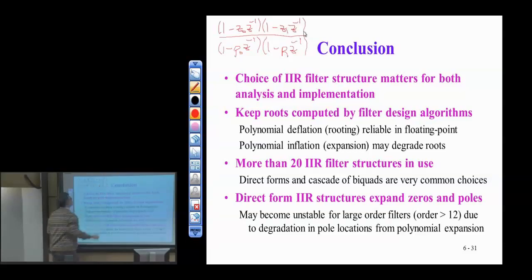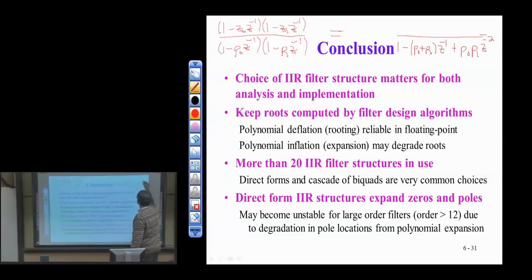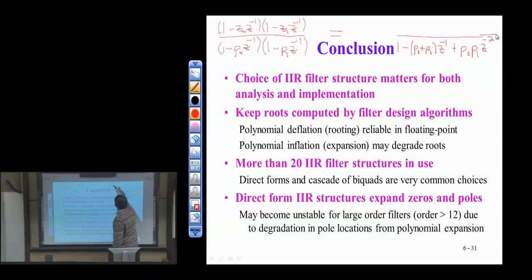All right, so 2 poles, P naught, P1, 2 zeros, Z naught, Z1. And if I expand this out, then I get 1 minus (P naught plus P1) Z to the minus 1, plus P naught times P1 times Z to the minus 2, and the same structure for the numerator.